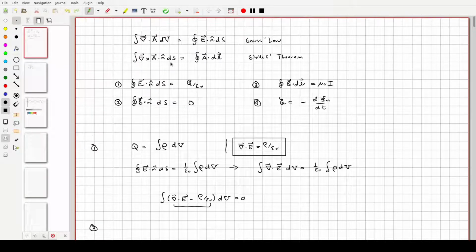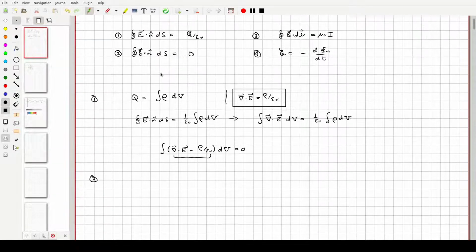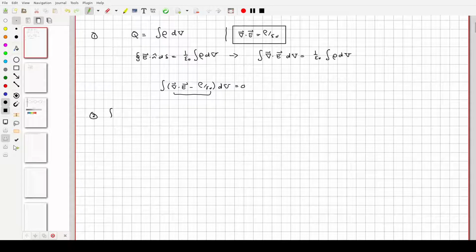So if I were to take this right here and use Gauss's law on it, this is the same thing as saying del dot B over a volume is equal to 0. And again, making the same argument over here, the only way that this could always be true would be if del dot B is equal to 0 itself.